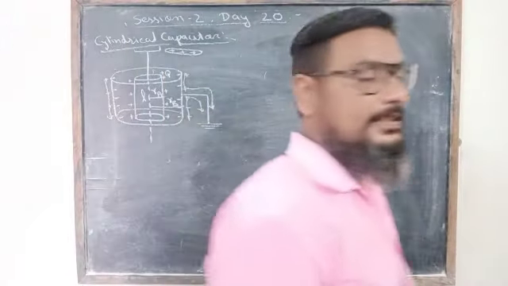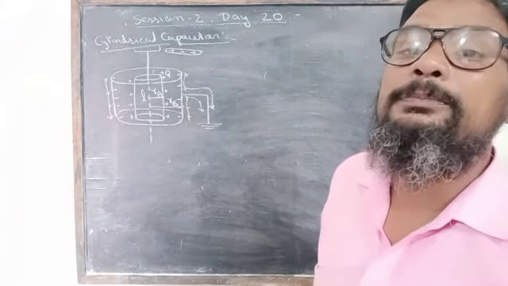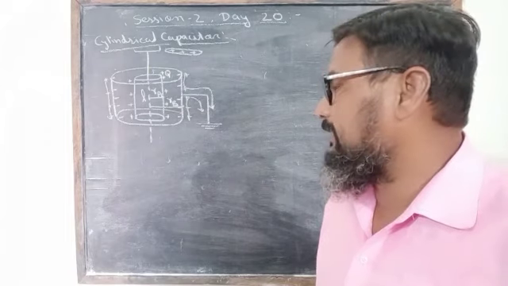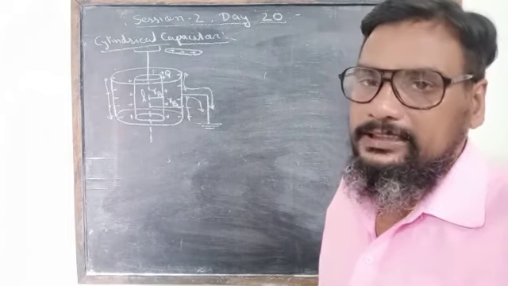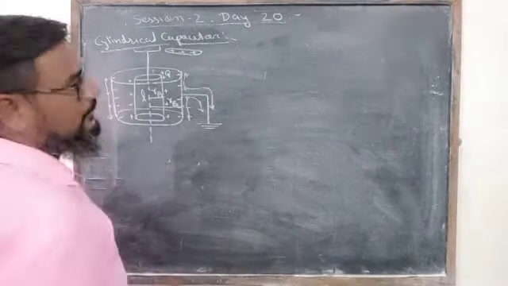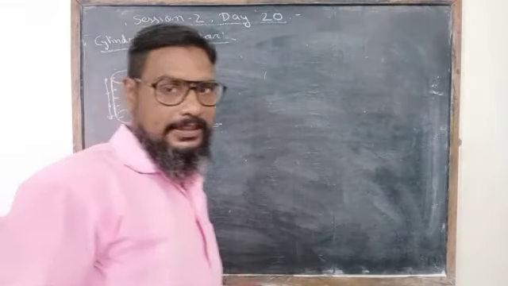L is the length of the cylinder and Q is the charge given to the inner cylinder. Now we know the electric field intensity; again I am repeating the construction and working of the capacitor.